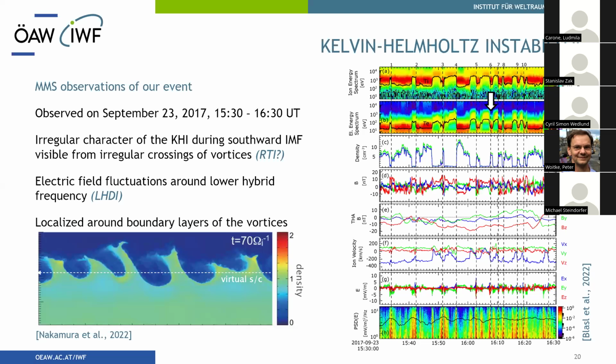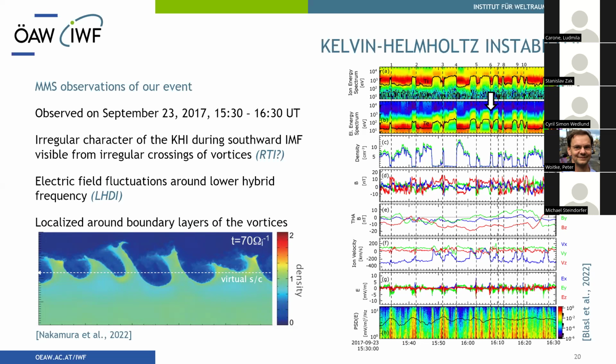And these crossings will correspond to independent crossings from the low density to the high density values. In the simulation, this would correspond to something like here, crossing from the low density side to the high density side. And you see that the time span between these crossings is very different, very irregular.